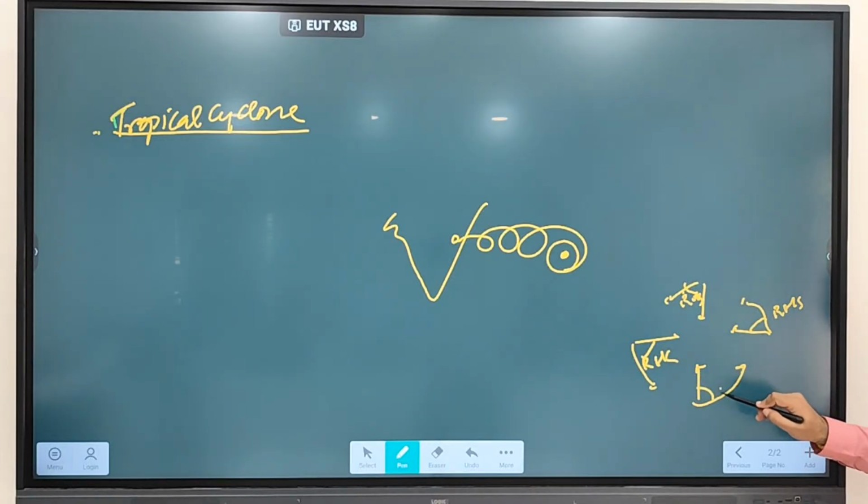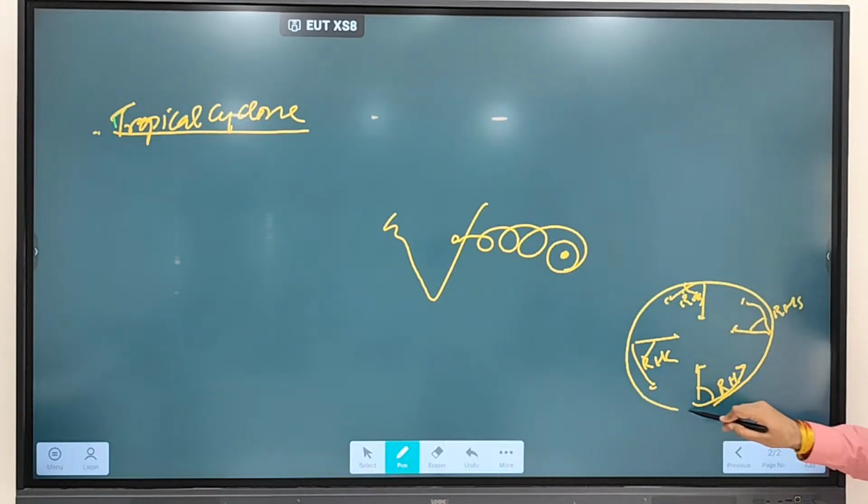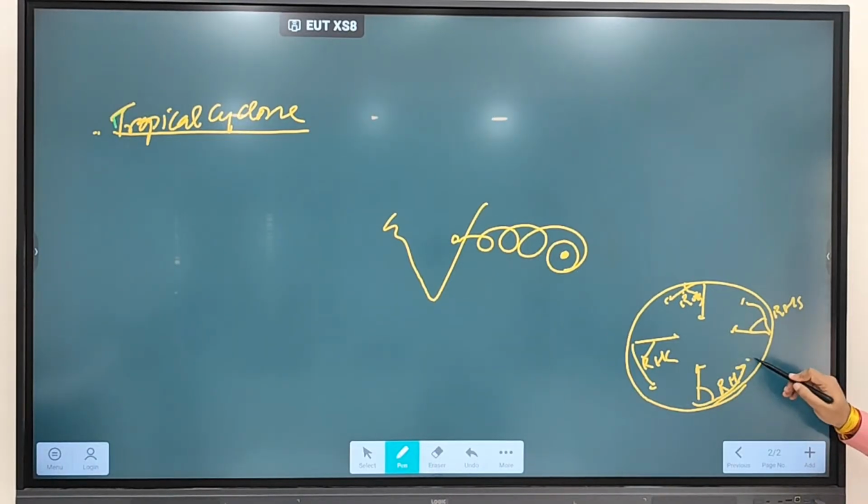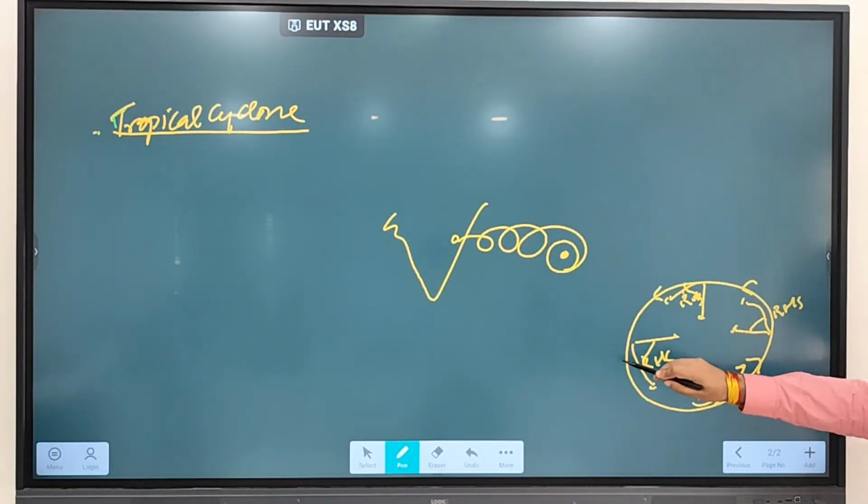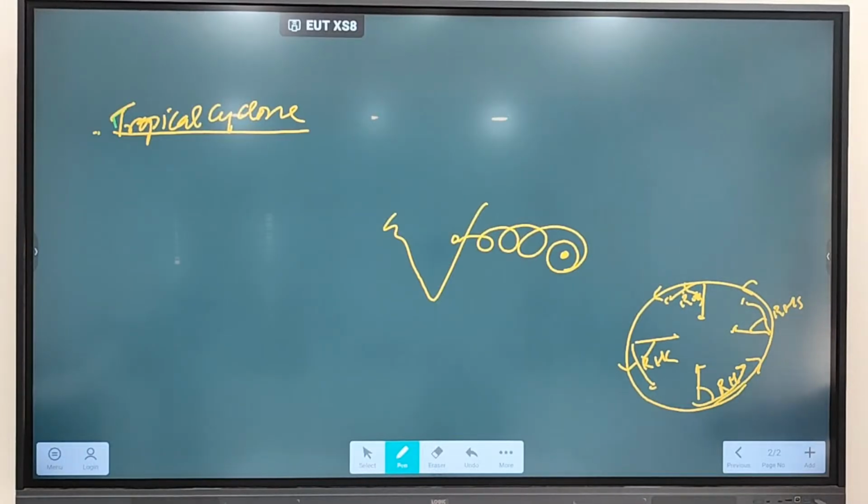So right hand side means in which direction is the wind moving? Clockwise or anti-clockwise? It is anti-clockwise. Wind is moving in this direction. Clockwise means what? The clock rotates like this. Here you have 12, here you have 6, here you have 3, here you have 9. So the clock moves like this. This is a clockwise direction.